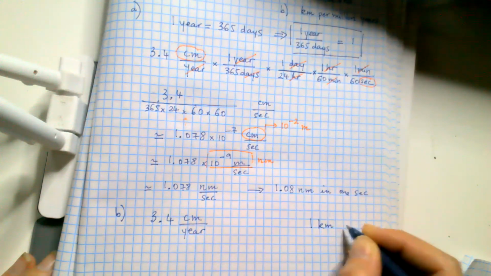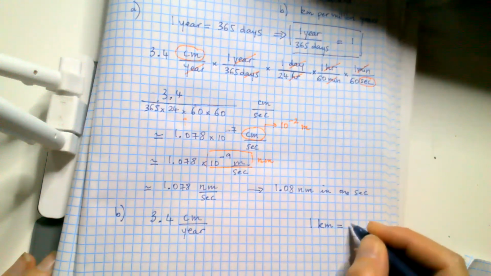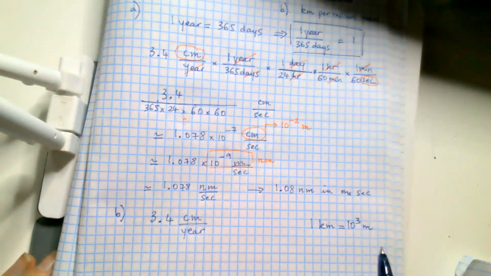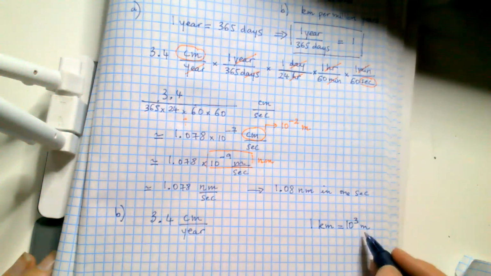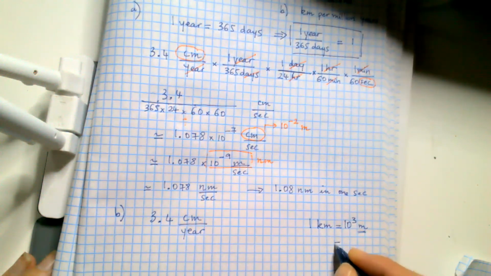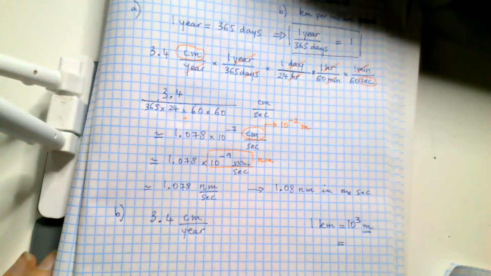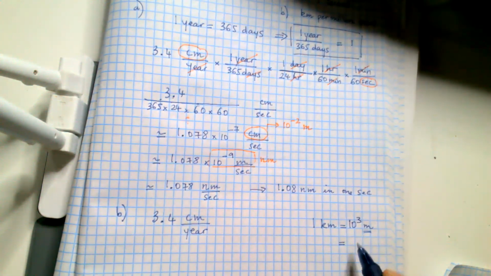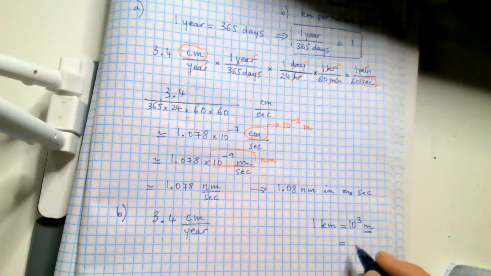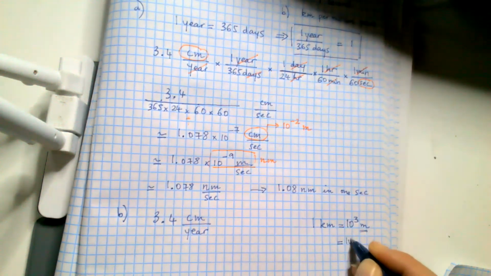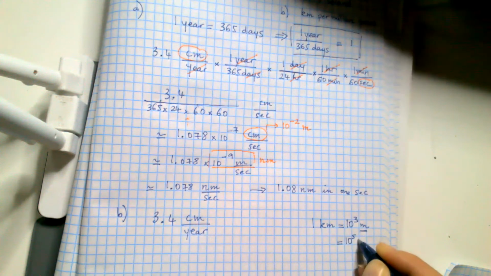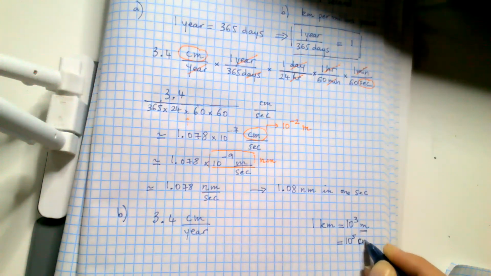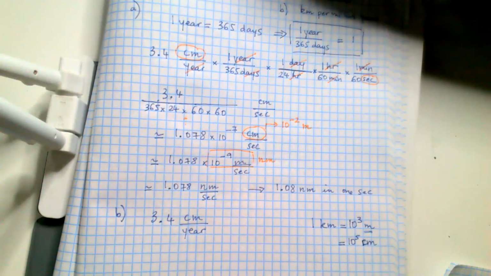So in 1 kilometer, we have 1,000 meters, so 10 to the 3. But we don't want meters here, we want centimeters. So looking at all of your kilos and the centis, that would be 10 to the 5th centimeters, because we have 100 centimeters in a meter.